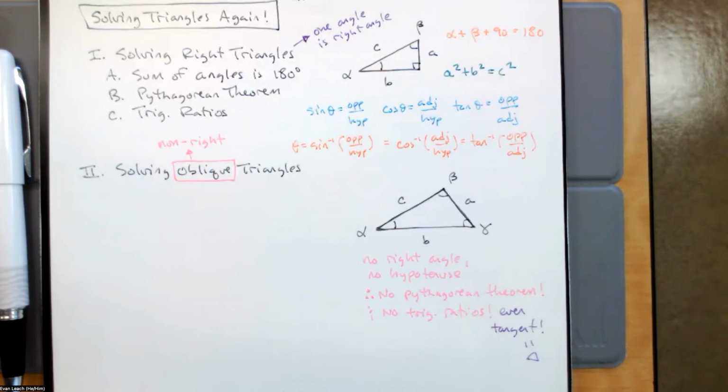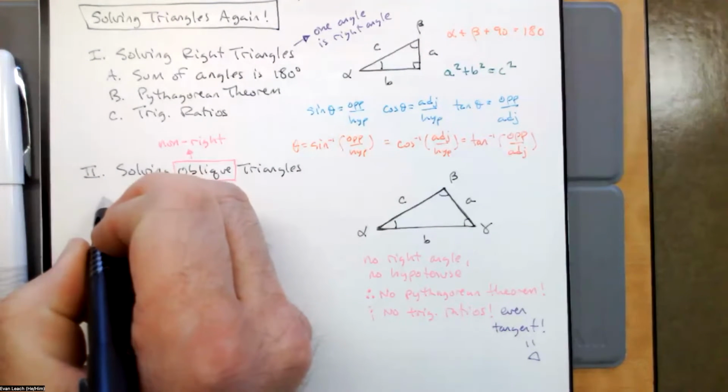So we need replacement tools for our Pythagorean theorem, and we need a replacement for our trig ratios. One of our tools still works. The sum of the angles, still 180. Good old angles, we can always count on you.